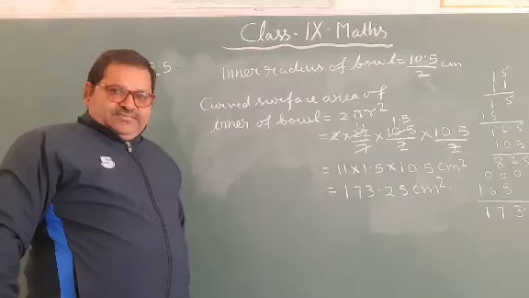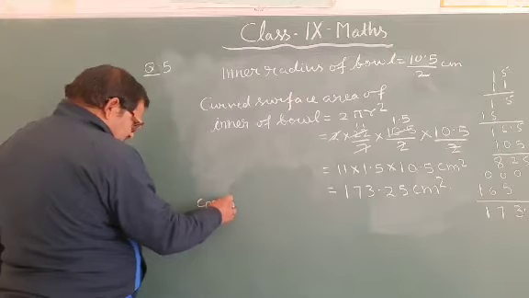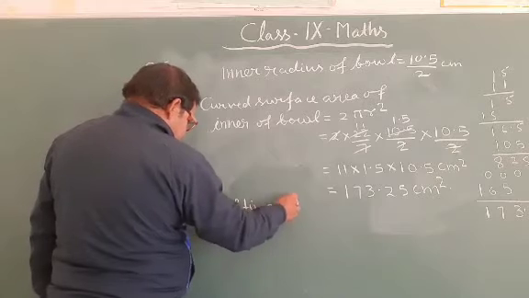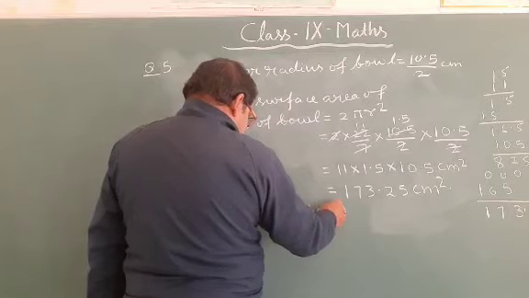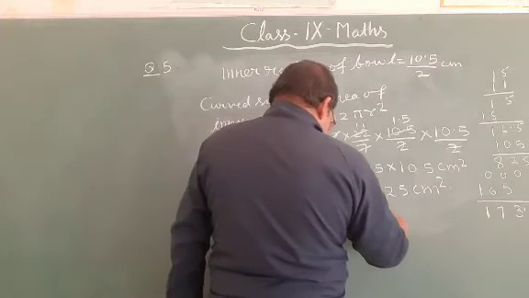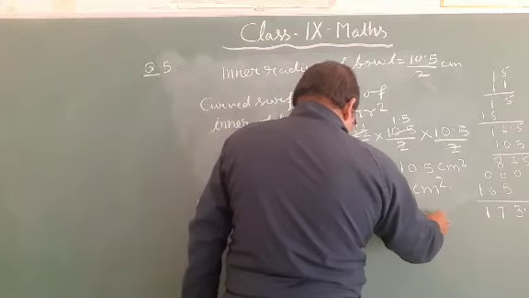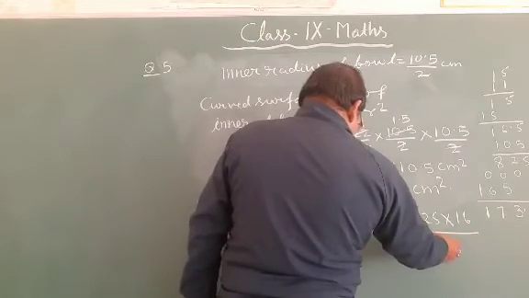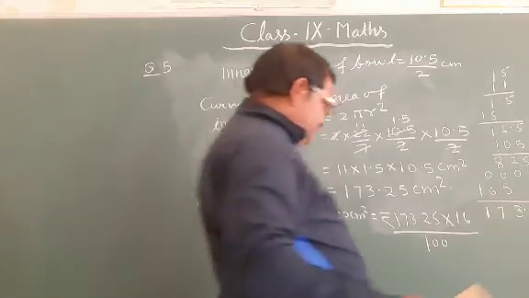The cost of tin plating at 100 centimeter square is equal to rupees 173.25 into 16 upon 100.